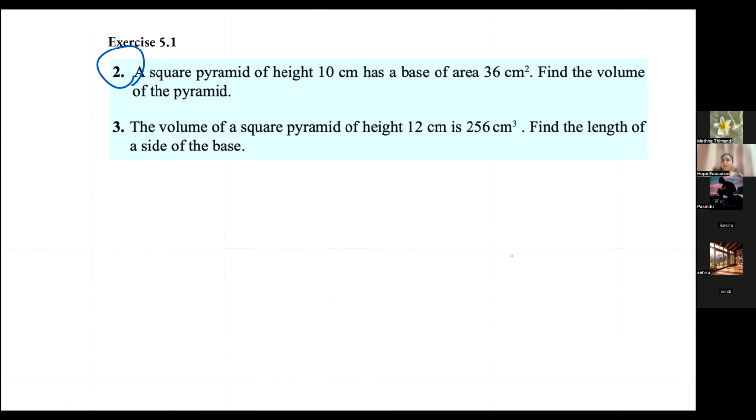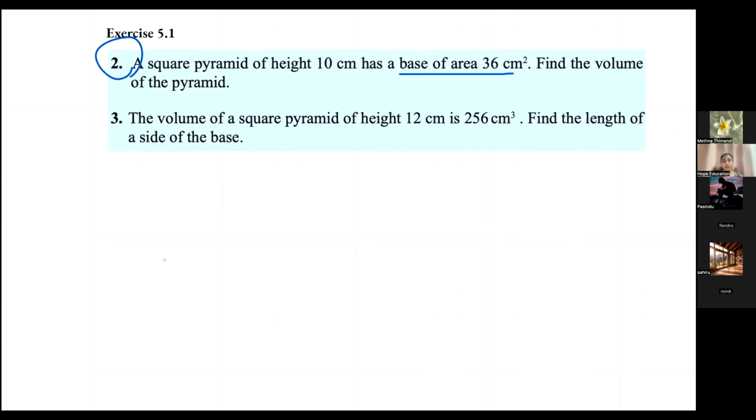Here the length of a side of the square base is not given, but the base has an area of 36 square centimeters. So we know the base is a square. All four sides are equal, and we know one side is a. So a times a is a squared. Area is a squared.